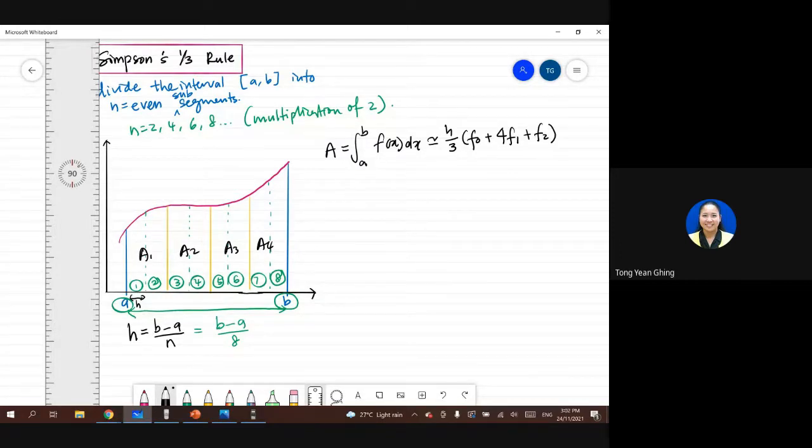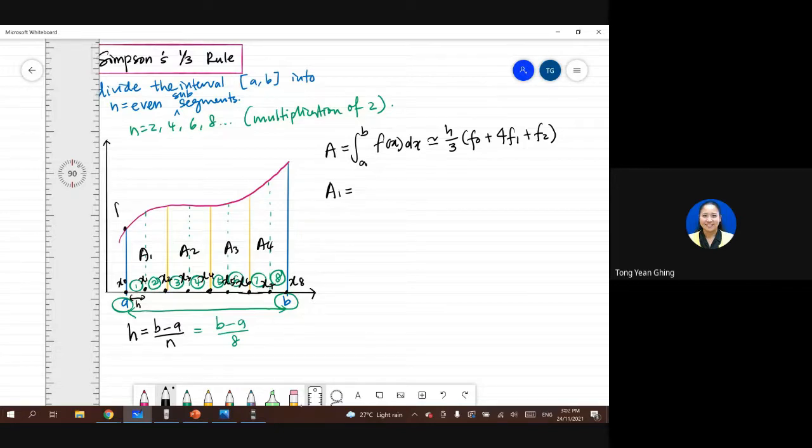Okay, so macam ni. Kalau saya kira, let's say I calculate A1. So A1 is from here. Let's say this is x0, x1, x2, x3, x4, x5, x6, x7, x8.